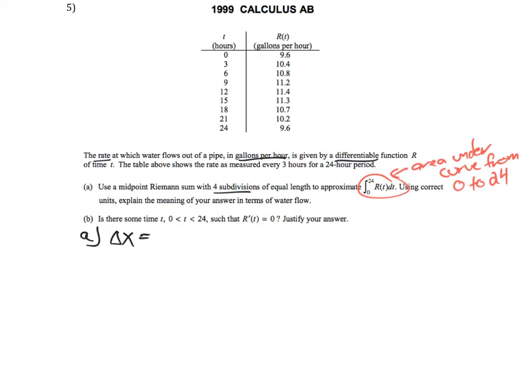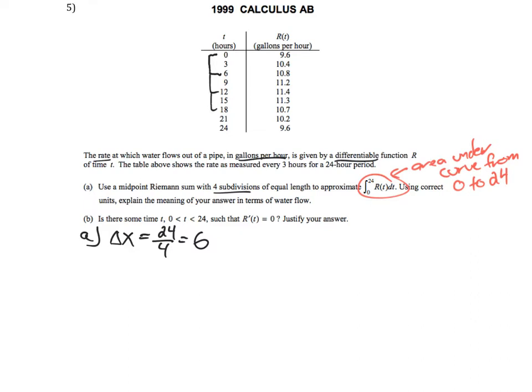If I have a total of 24 hours and I want 4 subdivisions, my change in x, or the width of my rectangle, is just going to be 24 over 4, or 6. So each rectangle is going to have a width of 6. Looking at this chart up here, there's one rectangle, 0 to 6. Then another rectangle, 6 to 12.